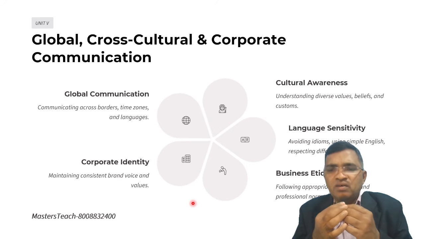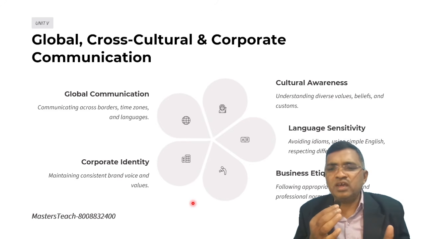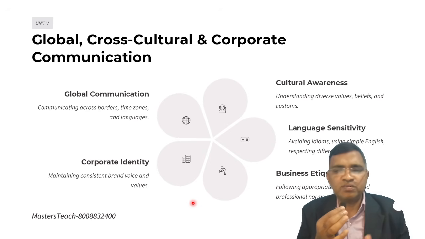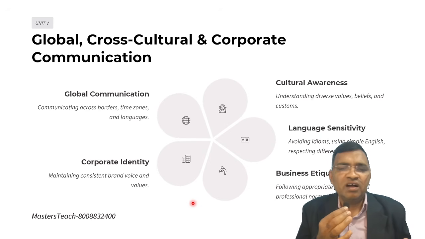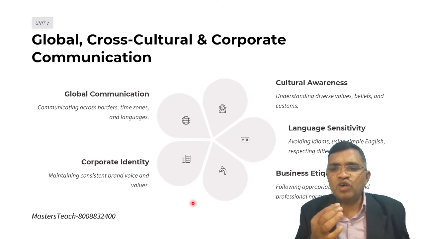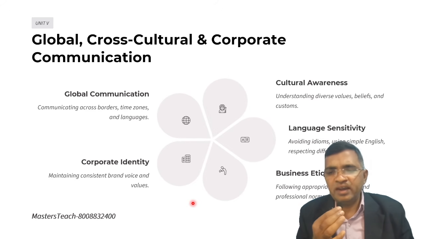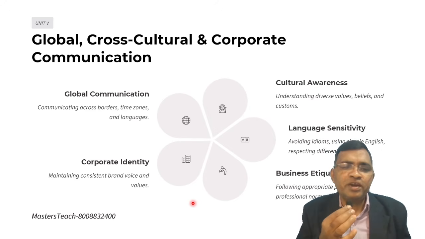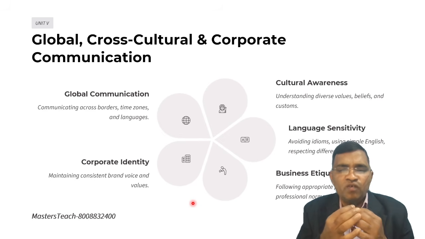When you are using language, avoid idioms, use simple English, and respect differences. Then business etiquette: follow appropriate protocol and professional norms. Corporate identity: maintain a consistent brand voice and values.